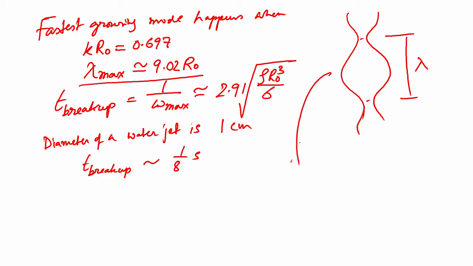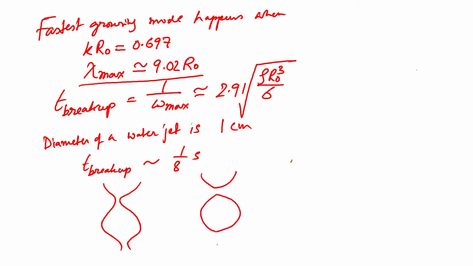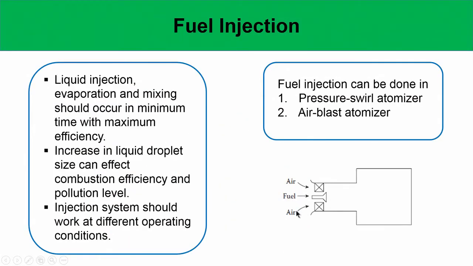So if I just show you what is going to happen: this liquid jet is like this. Okay, in the next step these things can form, and then it can form droplets like this, at different times. So the amount of liquid contained in this lambda will become a droplet.